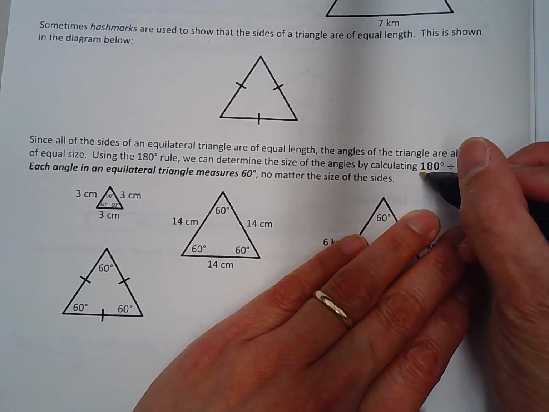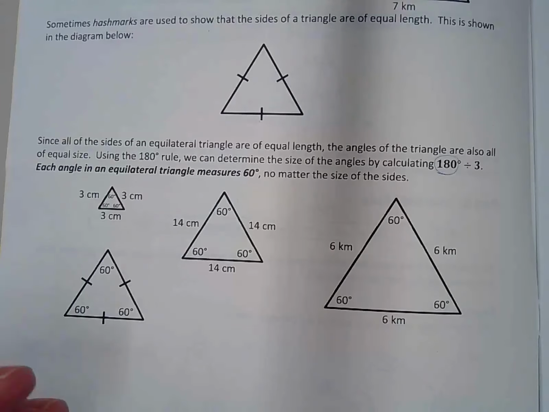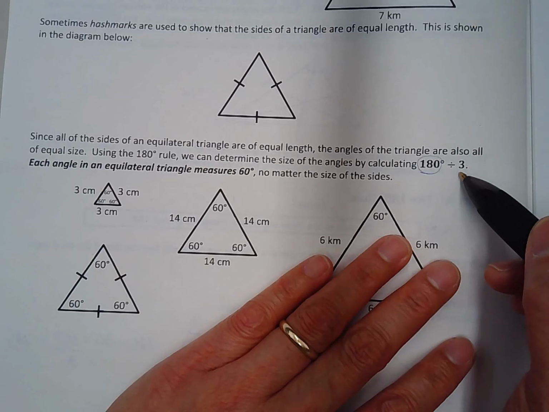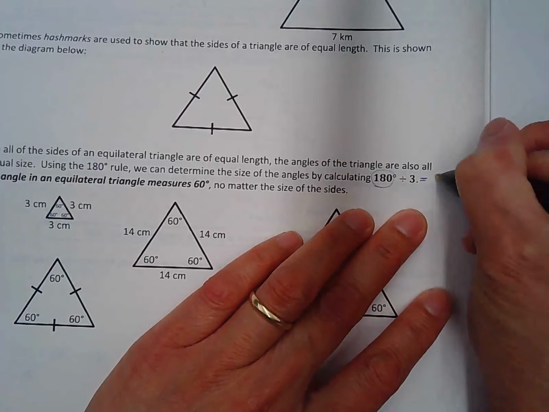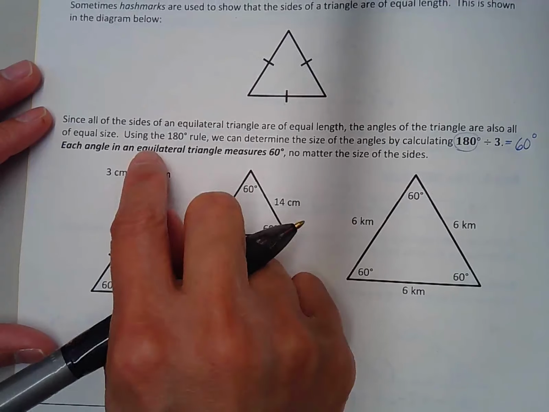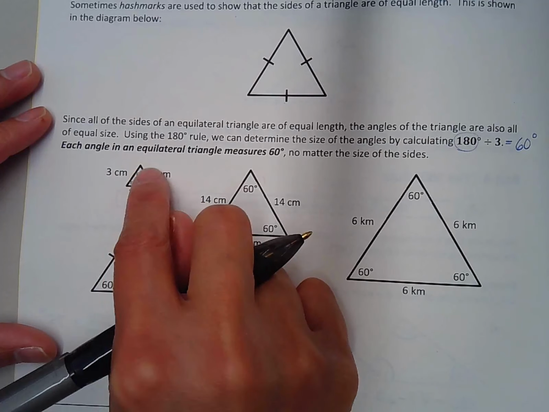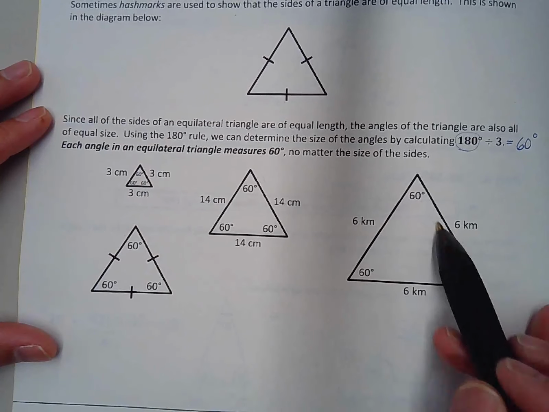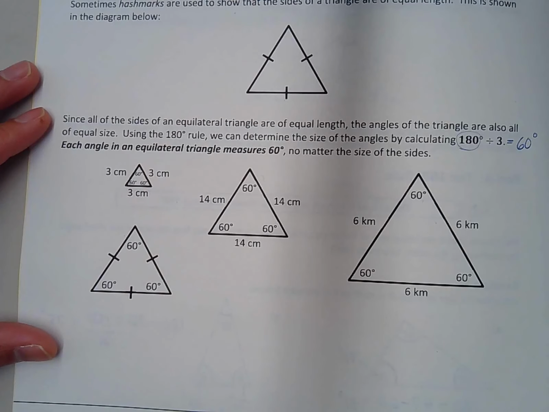We know that the sum of all the angles adds up to 180. But then it's split up to those 3 angles. That's where the 60 comes from. So it doesn't matter how big your triangles are, the angles will always be 60 and 60 and 60.